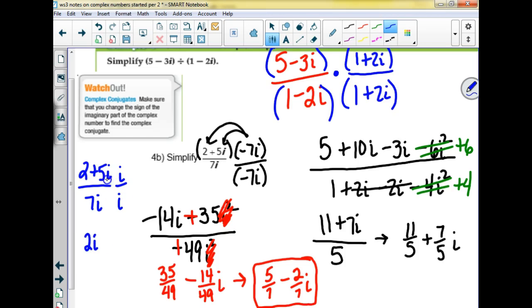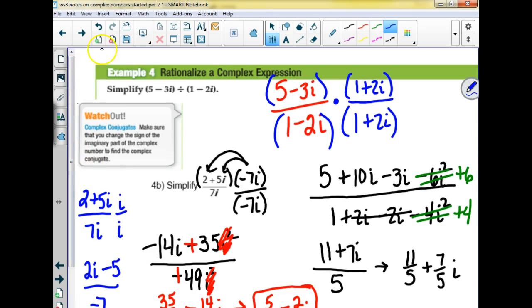You'd get 2i plus 5i squared, which would be a negative 5, all over 7i squared, which would be a negative 7. And that's equivalent to this, because you'd have a negative over negative is positive 5/7. So if it just has something with an i in the denominator, you can just multiply top and bottom by i, otherwise it's going to reduce. But if it has a real part to the complex number, then you have to do the whole conjugate.